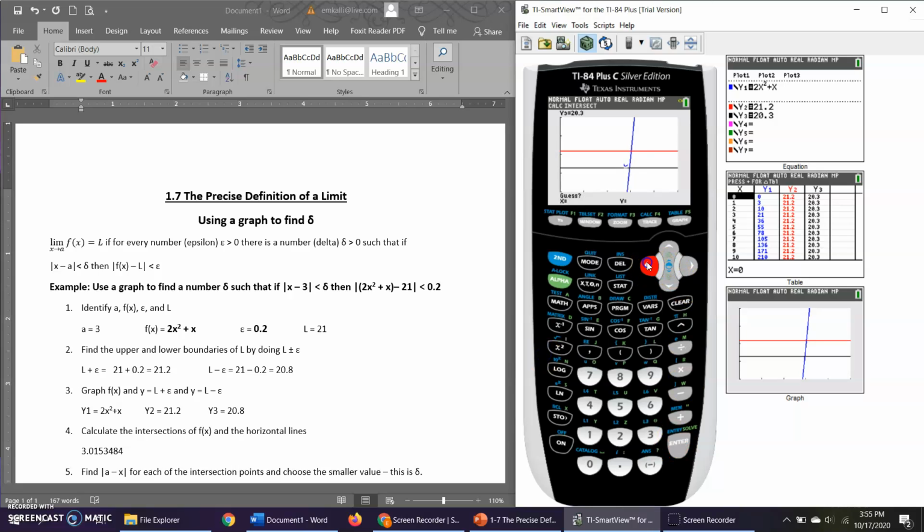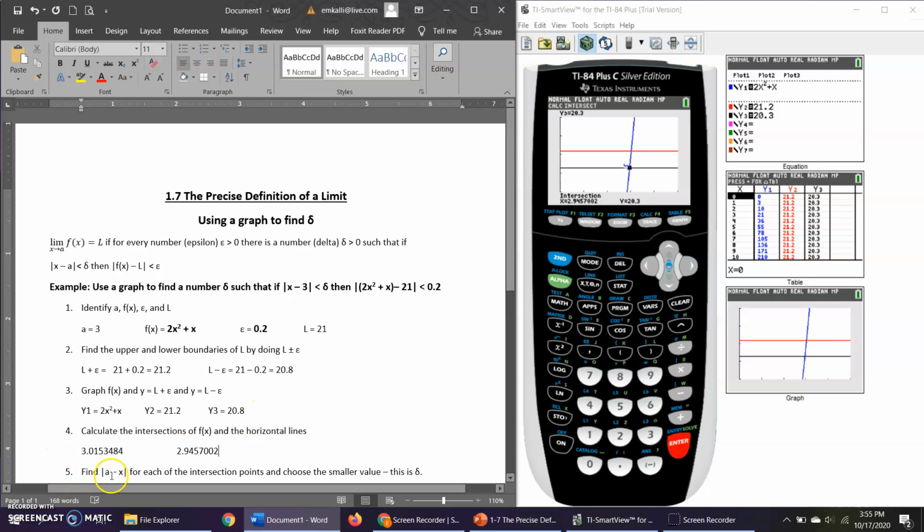Now it needs a guess again. So I'm going to move it over to right about where they cross and hit enter one last time. And I find out that that intersection is approximately 2.9457002. Okay, so that is it for step 4.